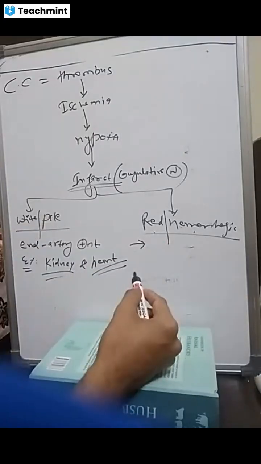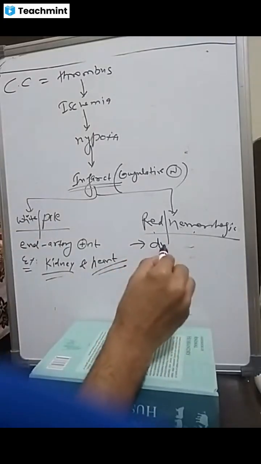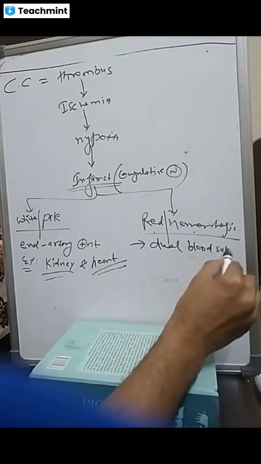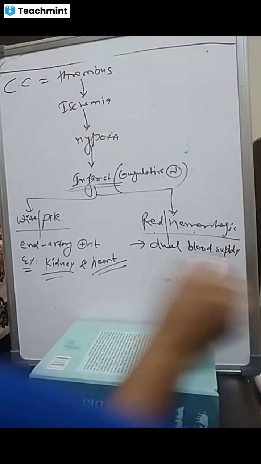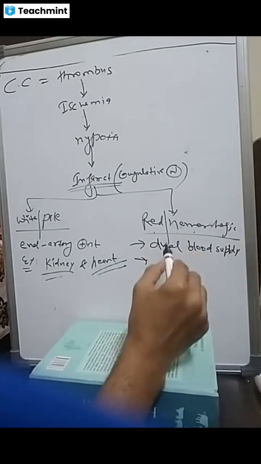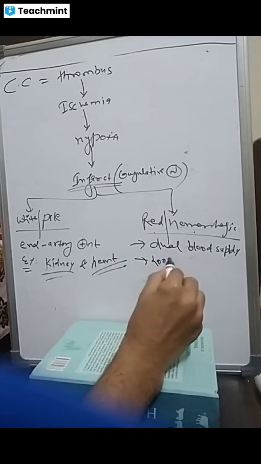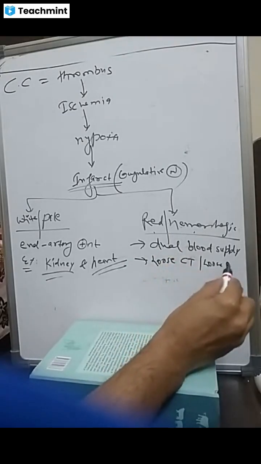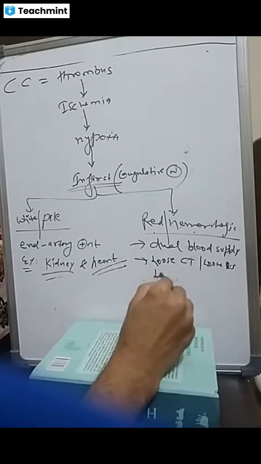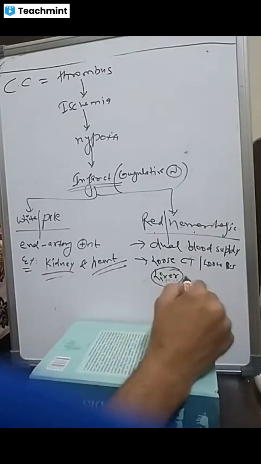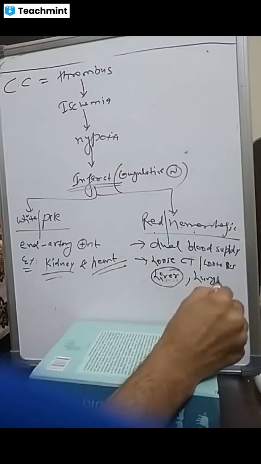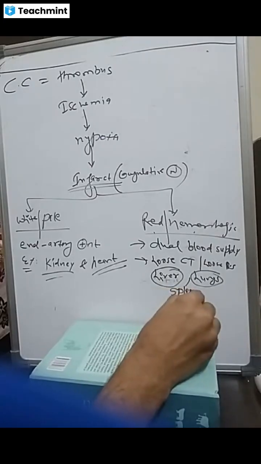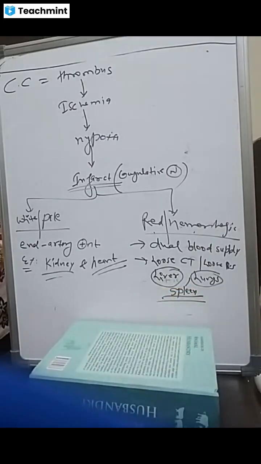Red or hemorrhagic infarct occurs where there is loose connective tissue or dual blood supply. So liver has dual blood supply, lungs have dual blood supply, and it is also found in the spleen, which has a rich blood supply.